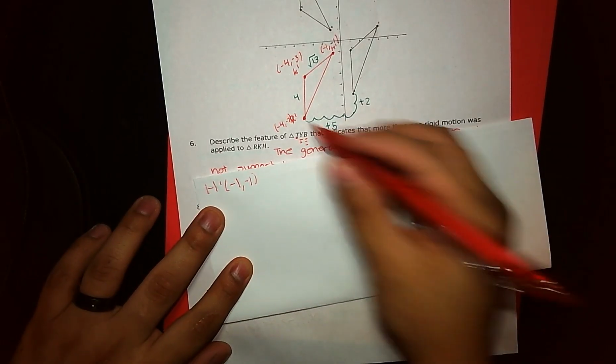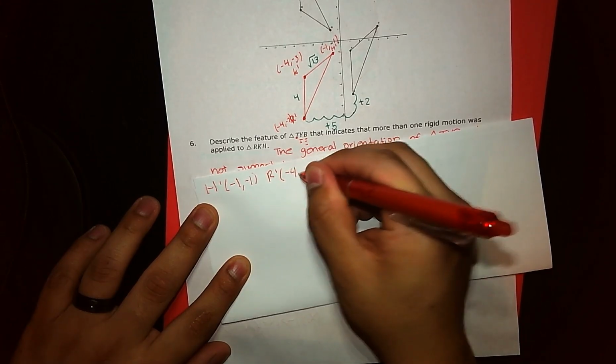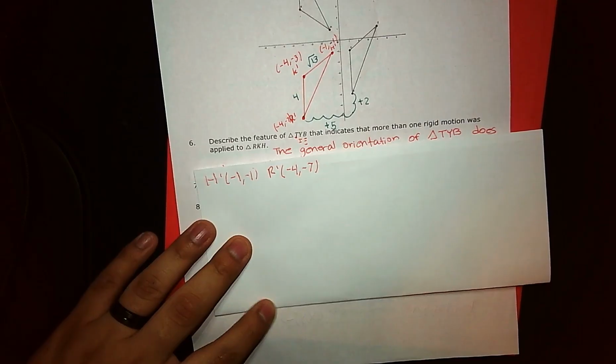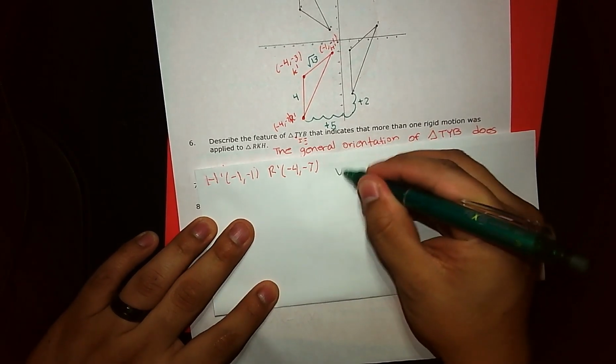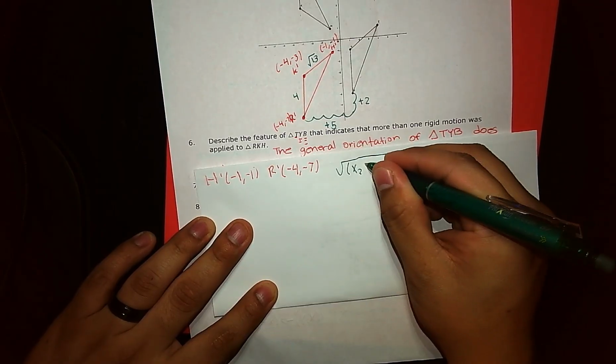We know that R prime sits at -4, -7. All right. And again, we're just going to plug into our distance formula. And I'm just going to write this here for reference purposes. You don't have to write this.